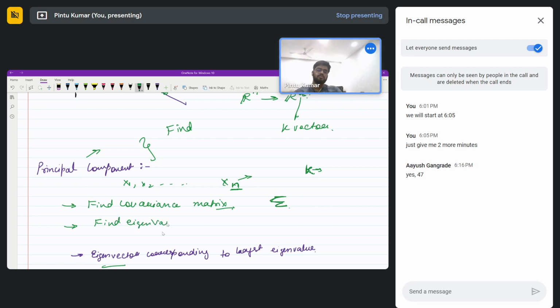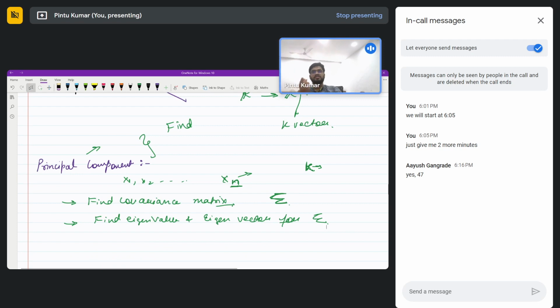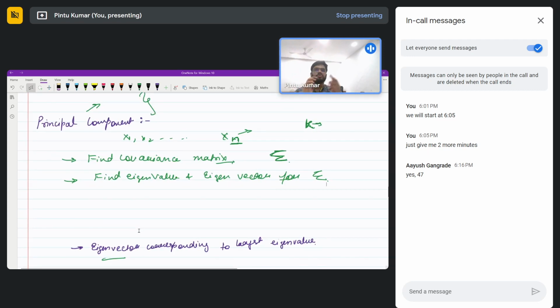The next step would be to find the eigenvalues and eigenvectors for your sigma, the covariance matrix. If you remember, your covariance matrix is a symmetric matrix, so you will get all real eigenvalues and all good kind of things. Now, let's say you want to project into a k dimensional space, you will pick the k largest eigenvalues.